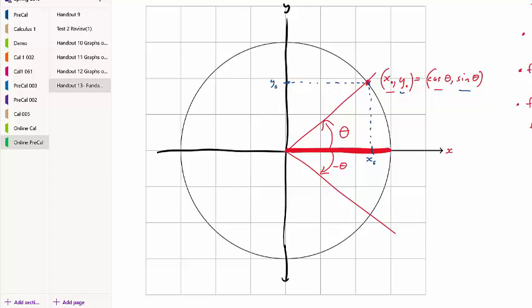So this is the result of basically plugging a negative theta into the cosine and sine, which puts us right there. And so we have x naught and y naught. Actually, let's call these x1 and y1 to differentiate.